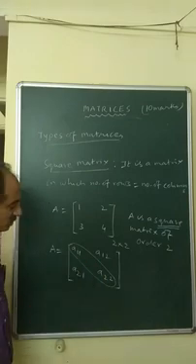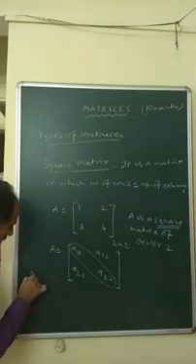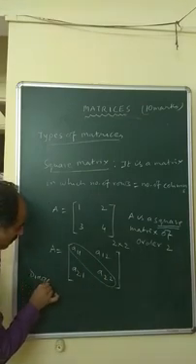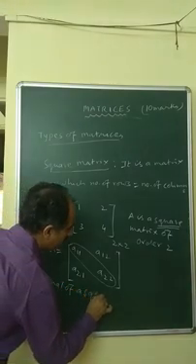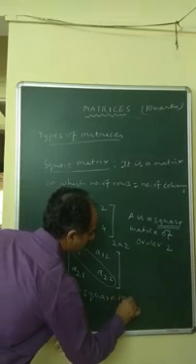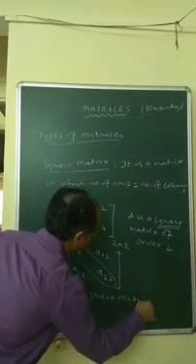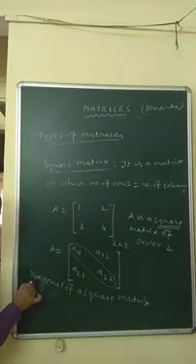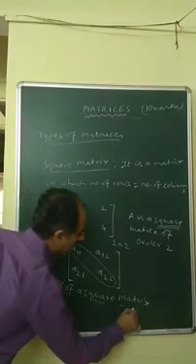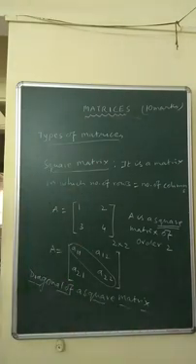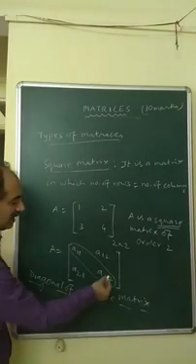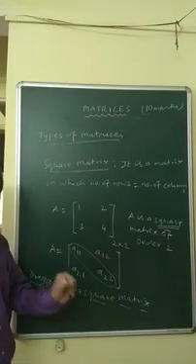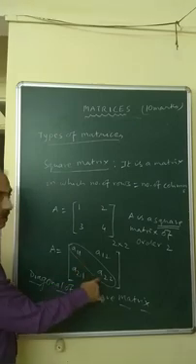So what is the diagonal of a square matrix? This definition is very important. The diagonal of a square matrix is the diagonal which contains elements of the form Aii, meaning A11, A22.